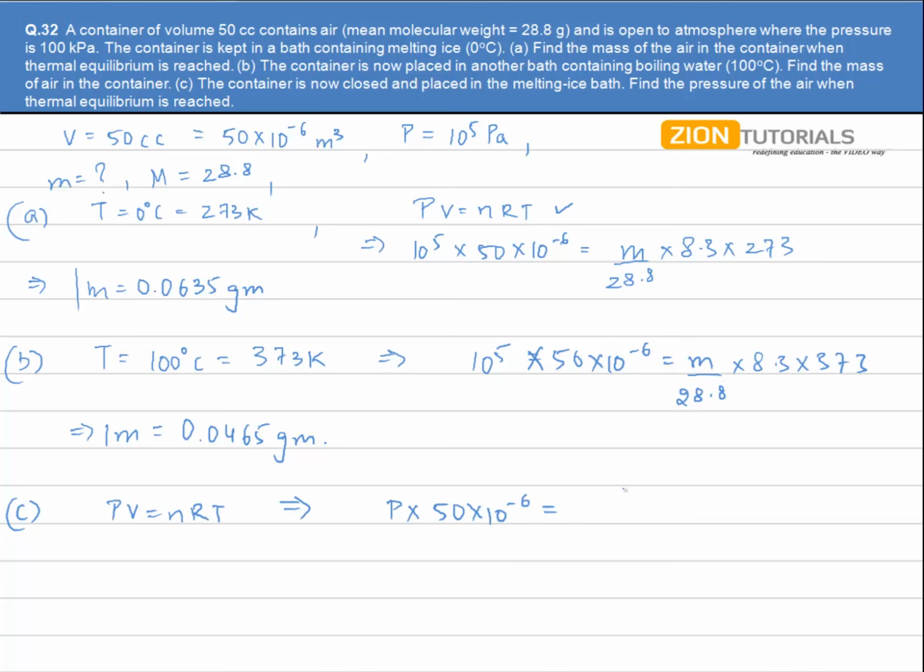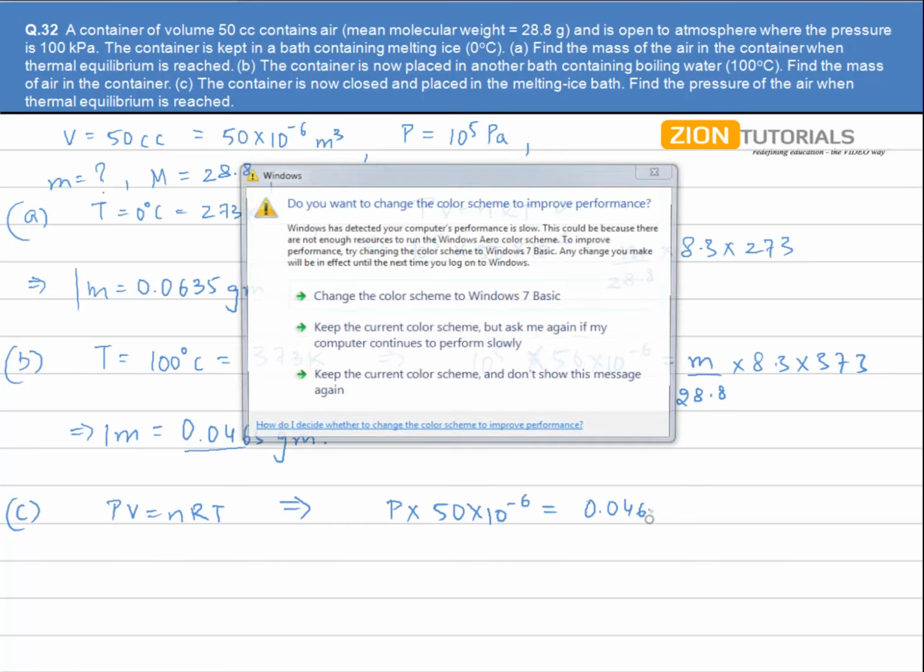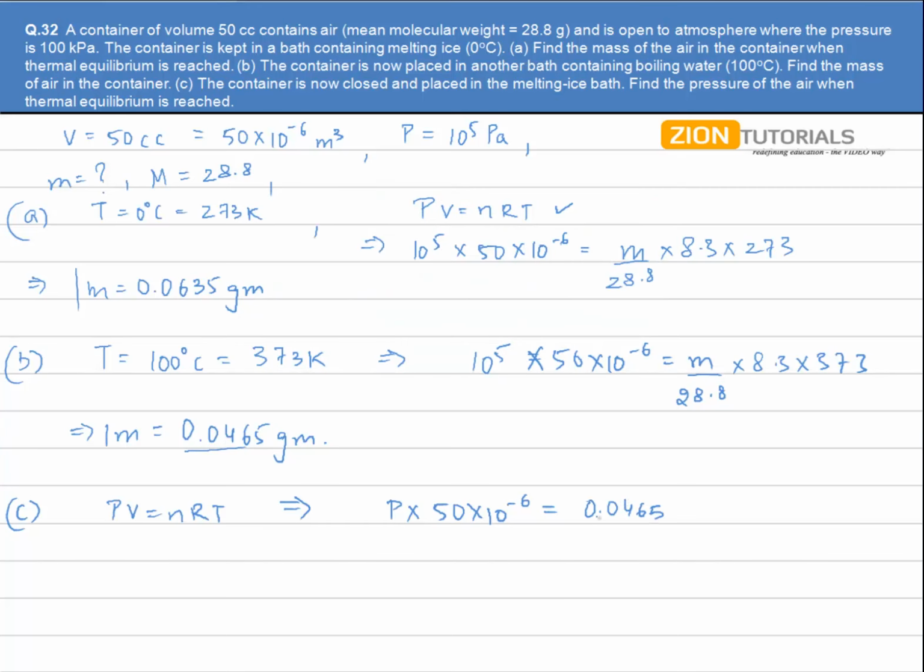Now what will be the number of moles? The C part was done after the B part, so we will take the number of moles as what we calculated in the B part, 0.0465 divided by 28.8, into 8.3 into the temperature.